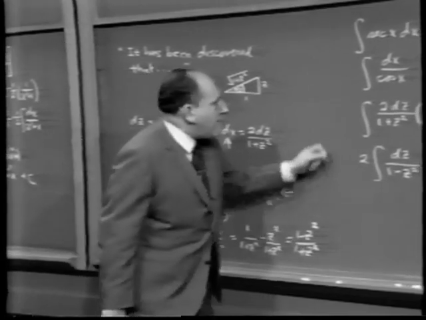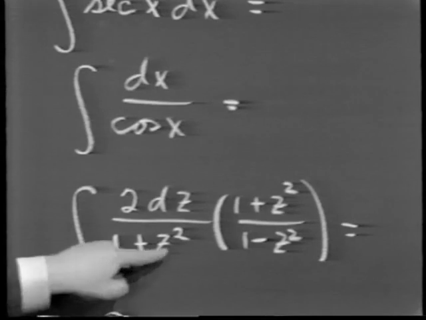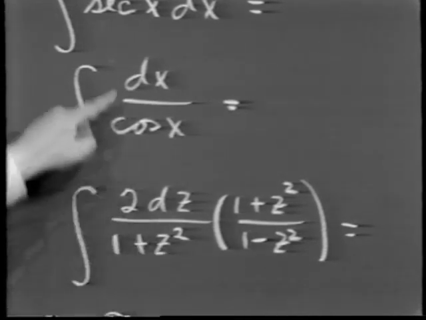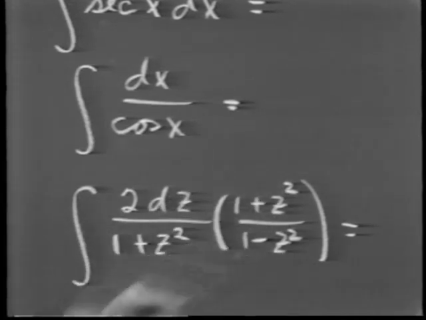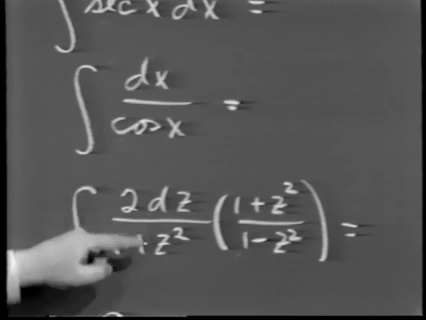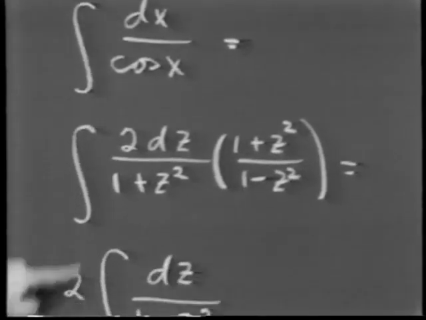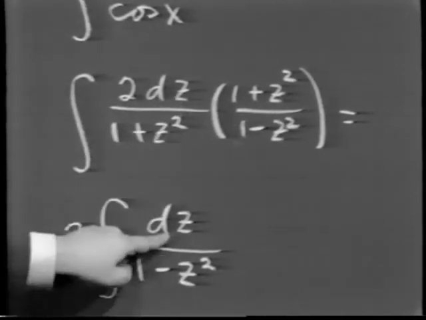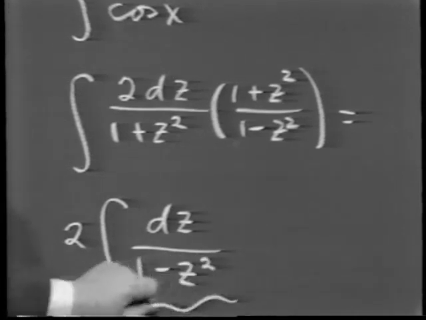In other words, coming back here now, we can replace dx by 2 dz over 1 plus z squared, and 1 over cosine x by 1 plus z squared over 1 minus z squared. Okay? Therefore, in terms of this substitution, integral secant x dx is just twice integral dz over 1 minus z squared. But what is this integrand?